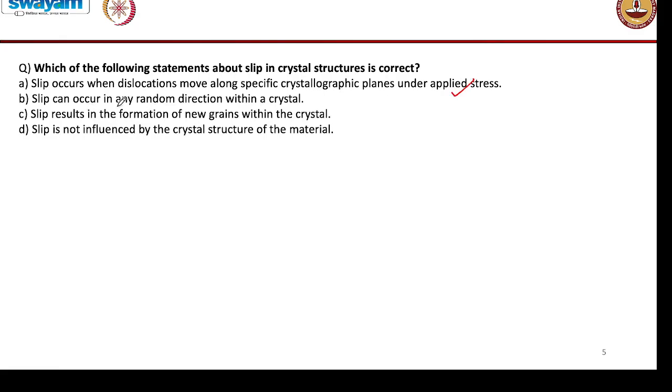The second: slip can occur in a random direction within the crystal. Third: slip results in the formation of new grains within the crystal. And the final option: slip is not influenced by the crystal structure of the material. So which one of these is correct?